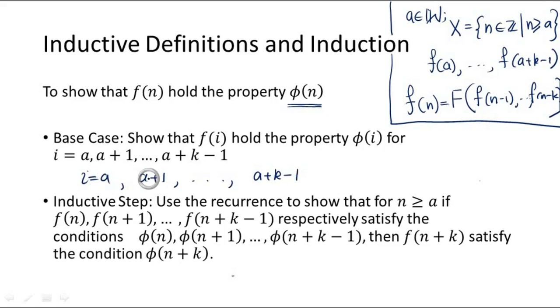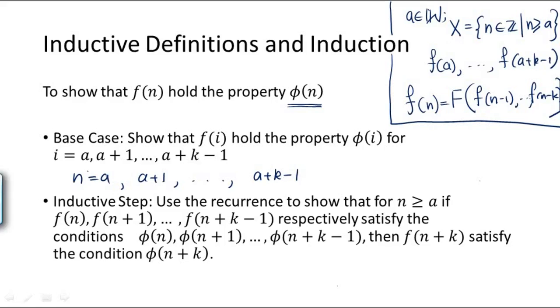Remember, these are the k initial cases. The first thing is to show that the statement is valid for n equals a, a+1, all the way up to n equals a+k-1.